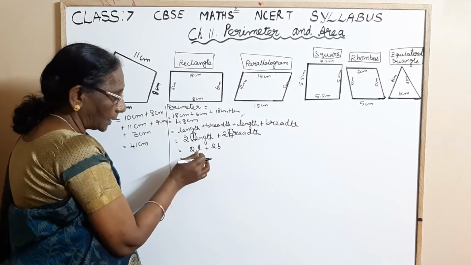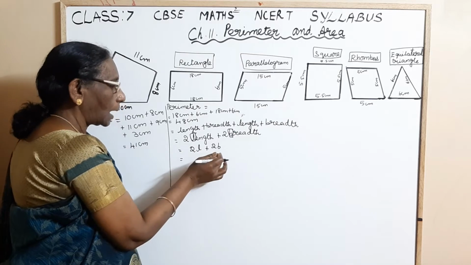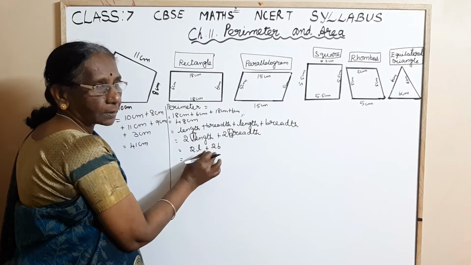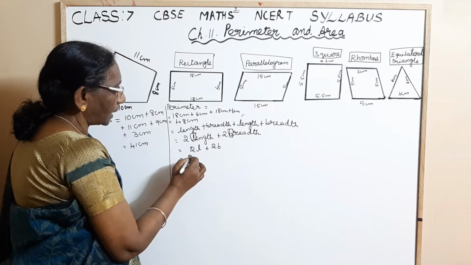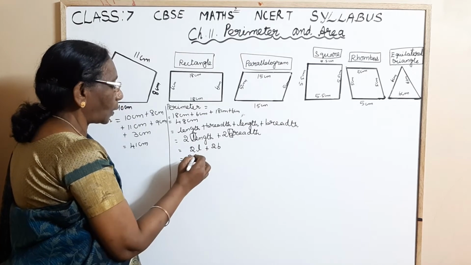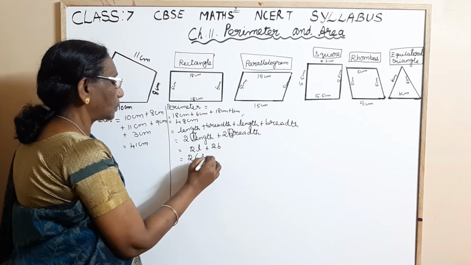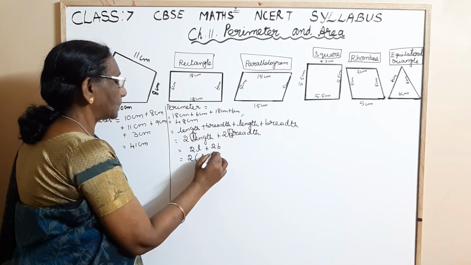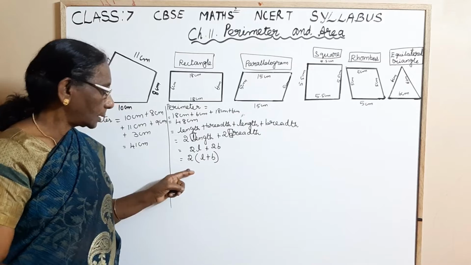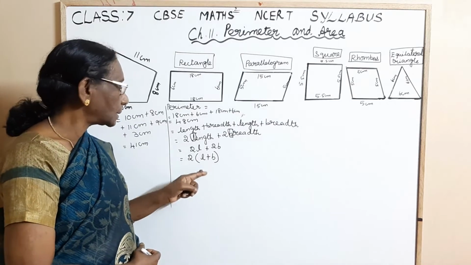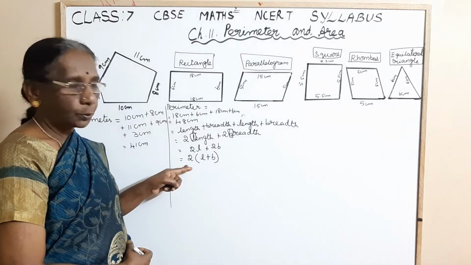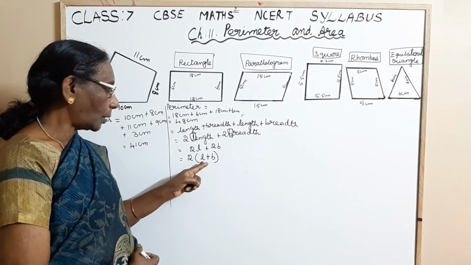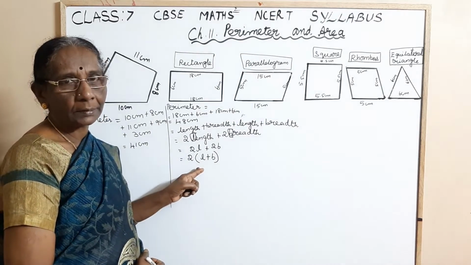That means we are adding length 2 times and breadth 2 times. Now in both we have 2. We can take it as common, and write 2 into L plus B. Is it clear, children? So this is the formula for the perimeter of a rectangle. Twice the sum of length and breadth.